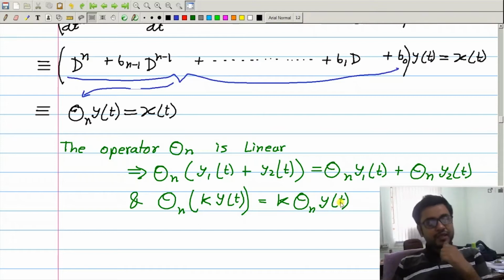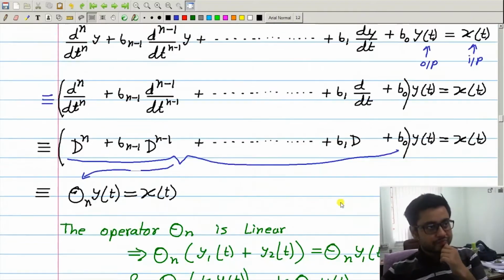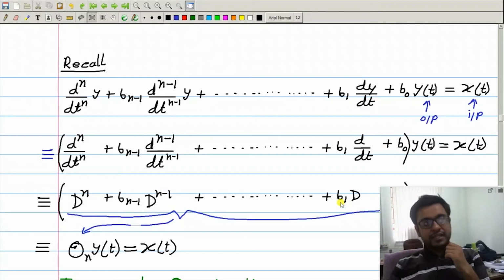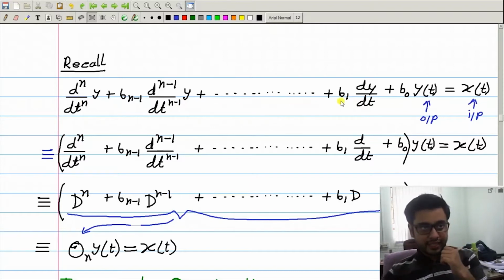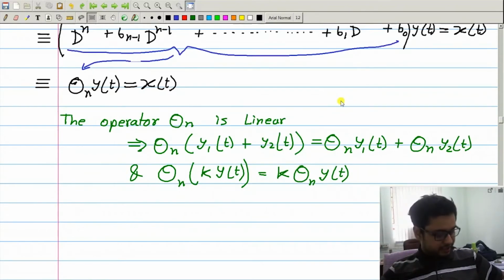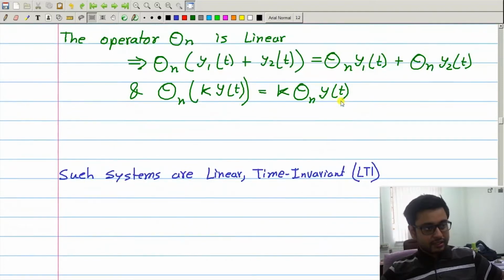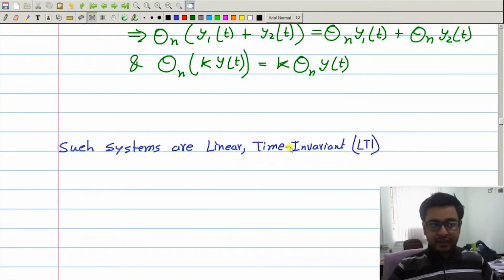That's good. Now, yesterday we have also learned that this kind of system is linear and time invariant.